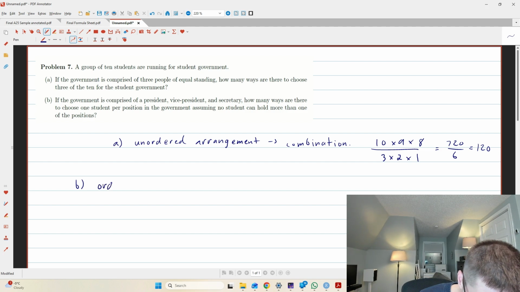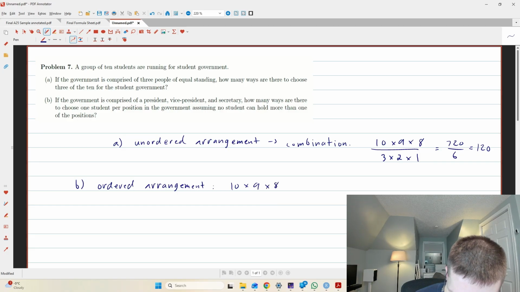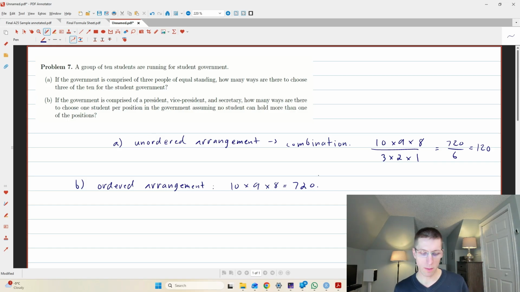So it's an ordered arrangement. And so again, there are just 10 choices for president, say, 9 for vice president, 8 for secretary. So we get 720. Yep, so that's your standard kind of combination permutation question.